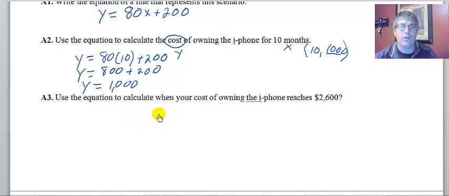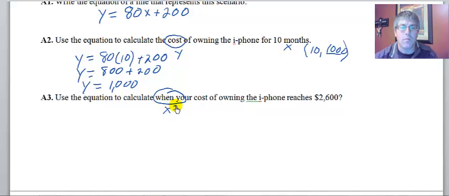Now I can also use the equation to calculate when the cost of owning the iPhone reaches $2,600. So now my cost is $2,600. I want to calculate when that happens, the number of months.